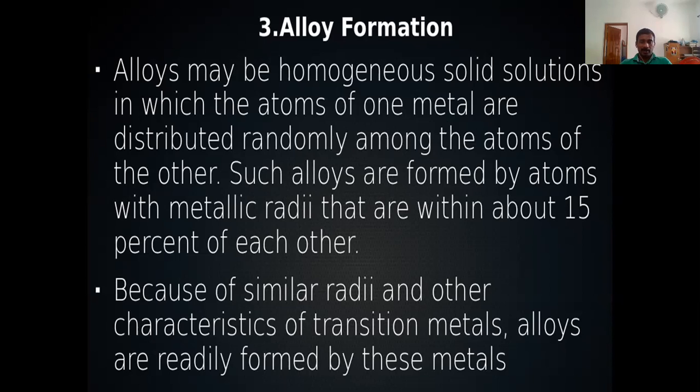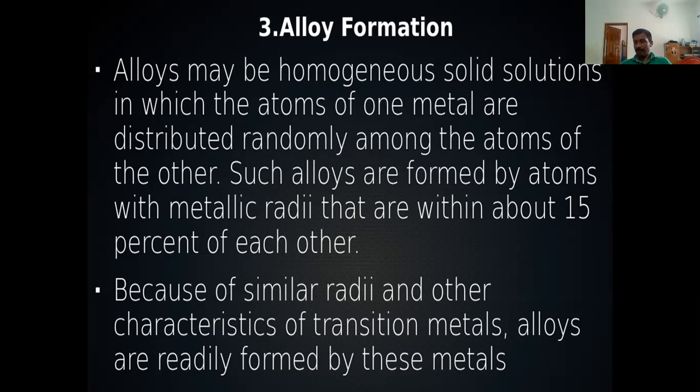And because of the similar radii and other characteristics of transition metals, alloys are readily formed by these metals. We discussed that in the case of transition metals, there are horizontal and vertical similarities. So the change in the radii is smaller as compared to elements of other blocks.